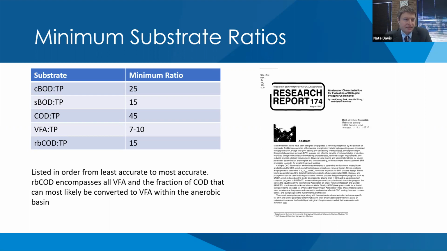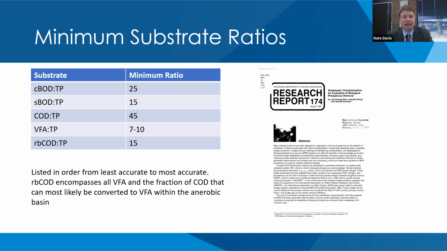Testing for the fatty acids themselves, there's multiple fatty acids, so to do that, you're going to end up doing quite a few tests per sample. On the flip side, with the readily biodegradable COD, it's not a conventional test.